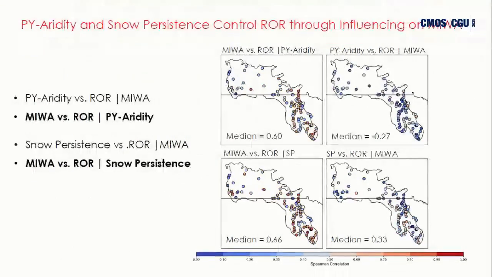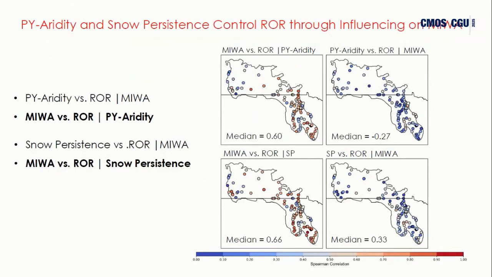To better analyze how inundation mediates this effect, we also conducted partial correlation analysis, and we see that when we adjust for the effect of inundation, the partial correlation between previous year aridity and runoff ratio decreases.